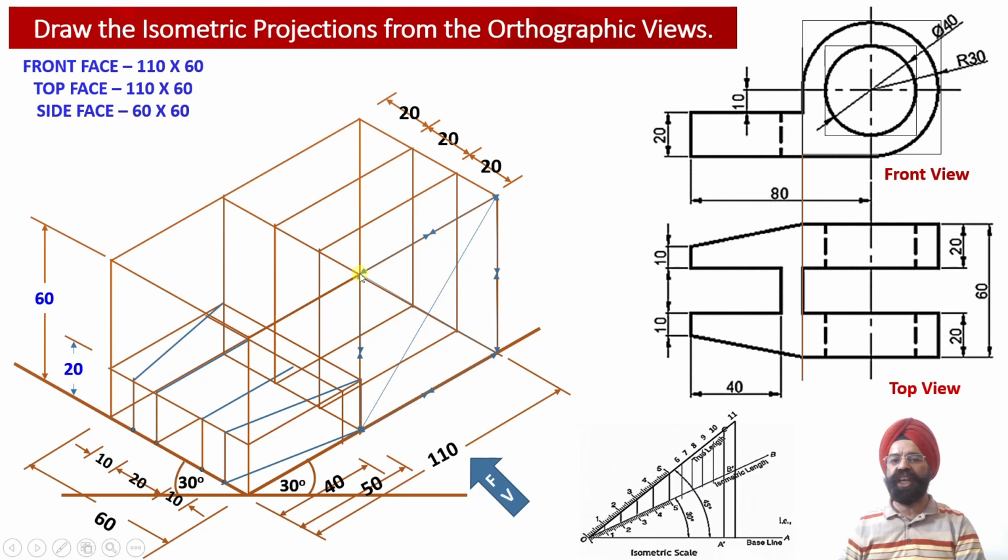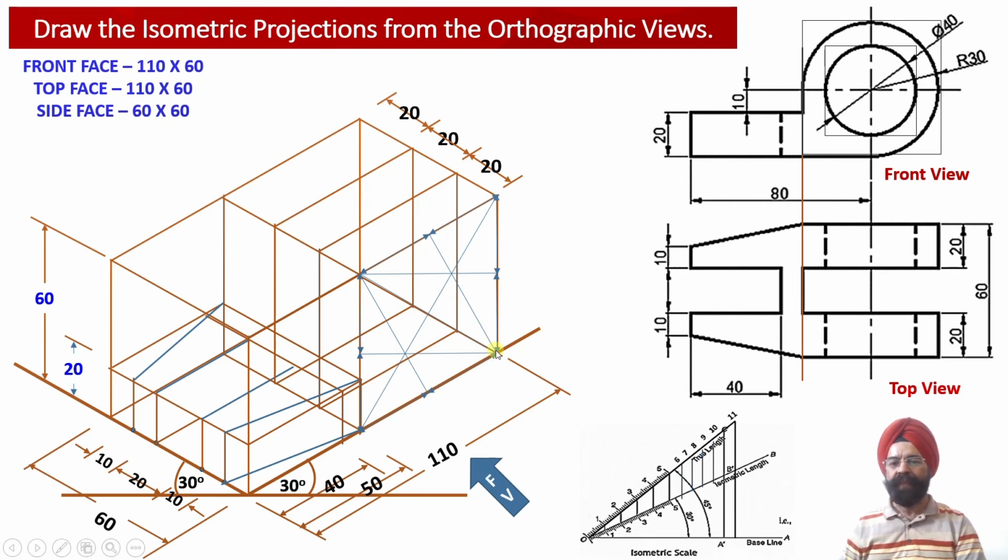Now from each end point of the minor diagonal, we need to join the midpoints of the opposite edges, and similarly from this end point of the minor diagonal, again the midpoints of the opposite edges need to be joined. So now here we have got four centers.